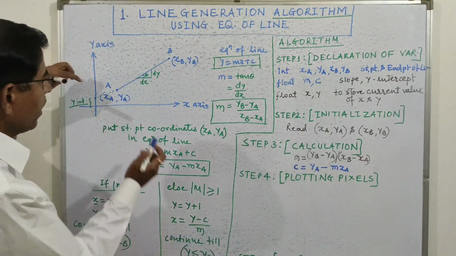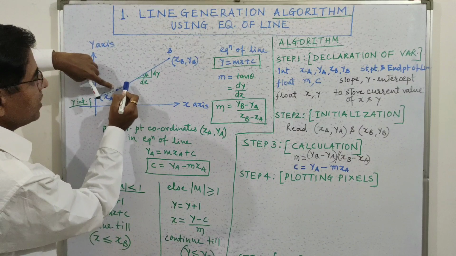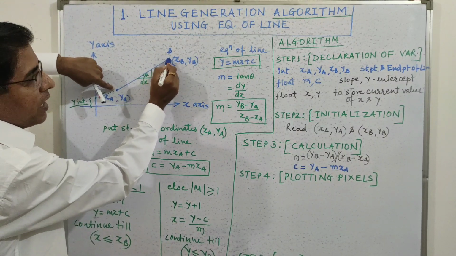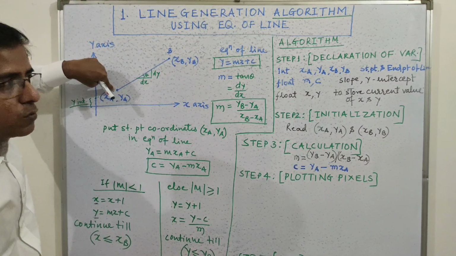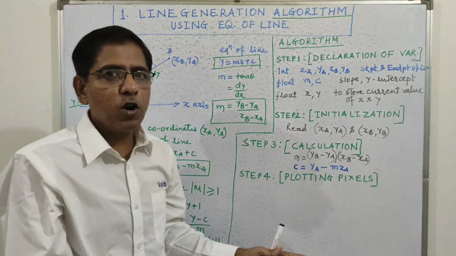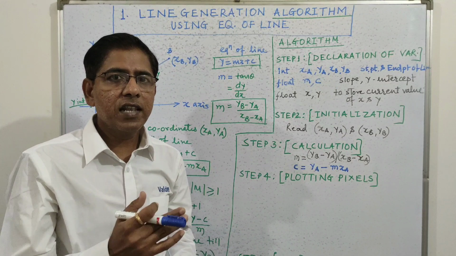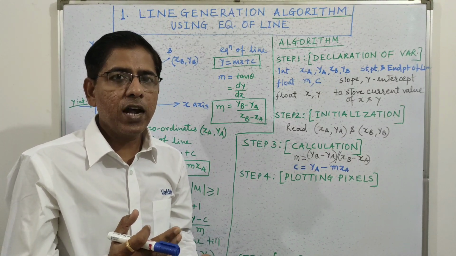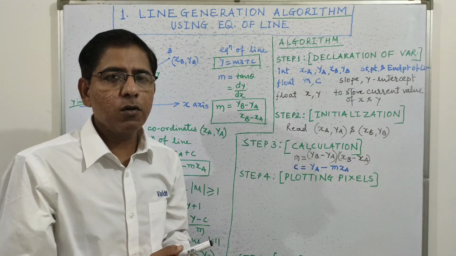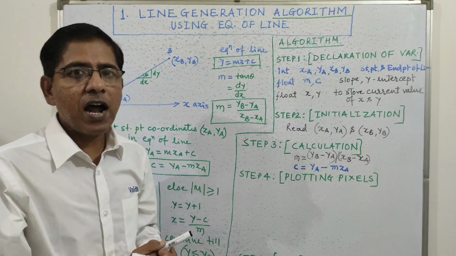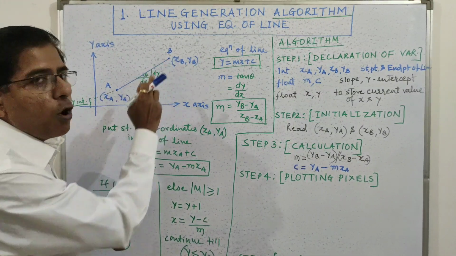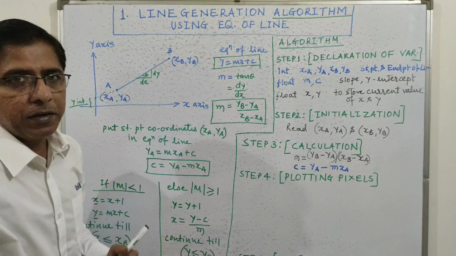Okay. Now we start plotting pixels from here and we end our plotting at the end point. So through the algorithm, we are selecting the pixels from the monitor so that a desired line will appear on the screen. We start plotting pixels from the start point and our plotting will end at the end point.